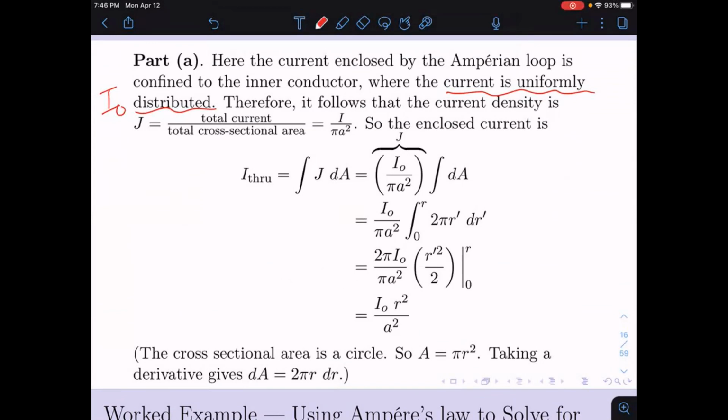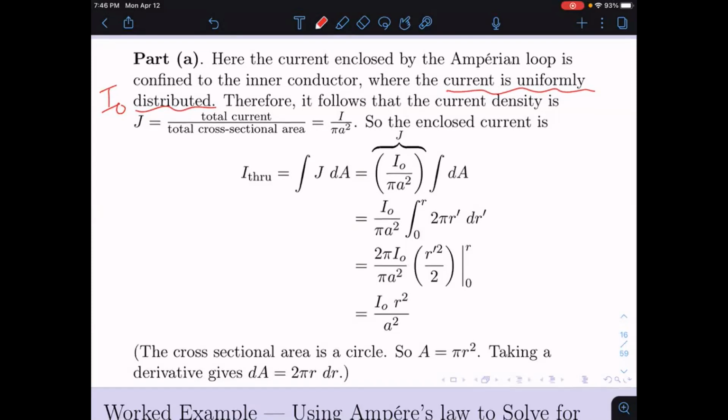So we can start with the formula for the current through a loop, or a cylinder, something like that. It would be the integral of J dA. So J, we established in this sentence here, by definition is the total current divided by the total area of the shape that holds that current.